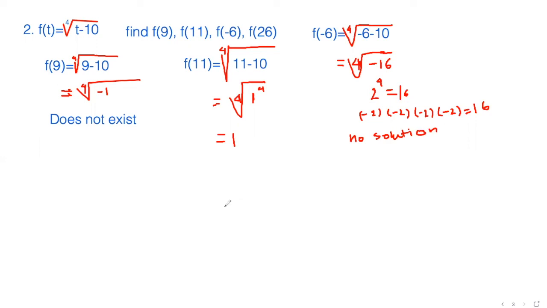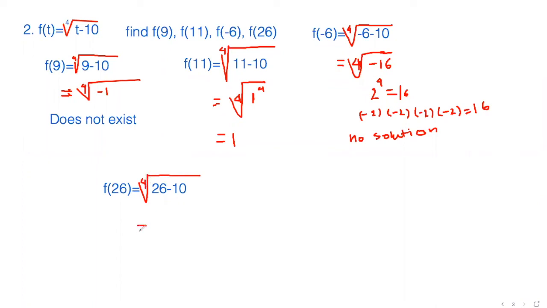Okay, so the last one is f(26). Let's see if we can get a value for that. We are going to plug in the value of t as 26. So 26 minus 10, and the root is to the power of 4.